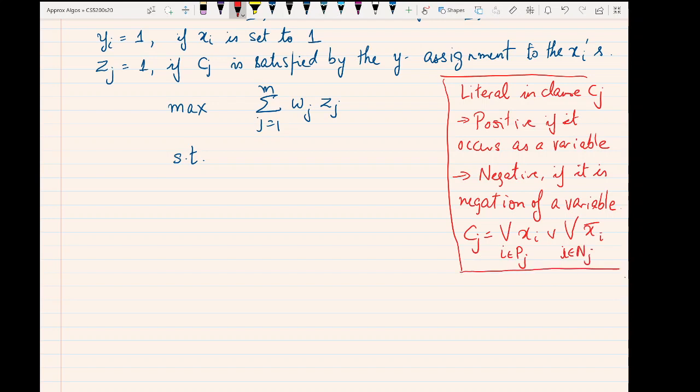So I hope this is clear. For example, if we have cj is x1 or x2 or x3 bar, this denotes the positive part. Tj contains the variables x1 and x2, and nj contains the variable x3.